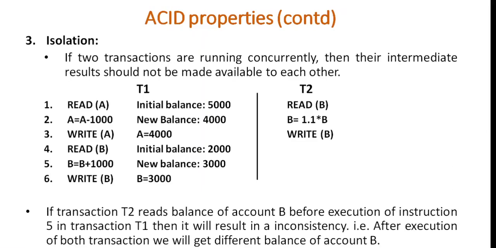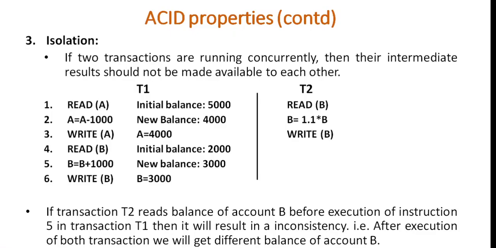So here, if this T2 transaction reads the balance of account B before execution of instruction 5 in transaction T1. Here in instruction 5 in transaction T1, we are crediting 1000 rupees to account B. So after this credit, the balance of account B will be 3000.